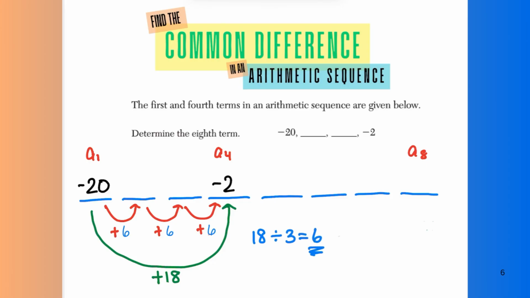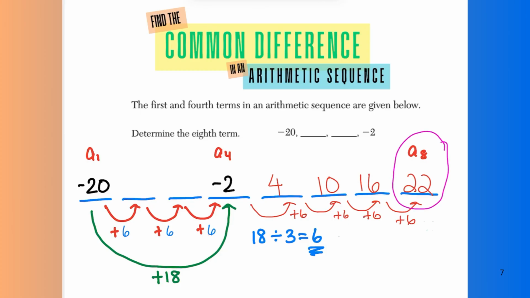And so now that we know what the common difference is, what we can do is just keep on adding 6 until we get to that 8th term that this problem was asking us for. So starting where we left off, which was the 4th term, we're going to add 6 to get us 4 as our 5th term, and then 10, and then 16, and then finally 22 as our 8th term in this sequence.